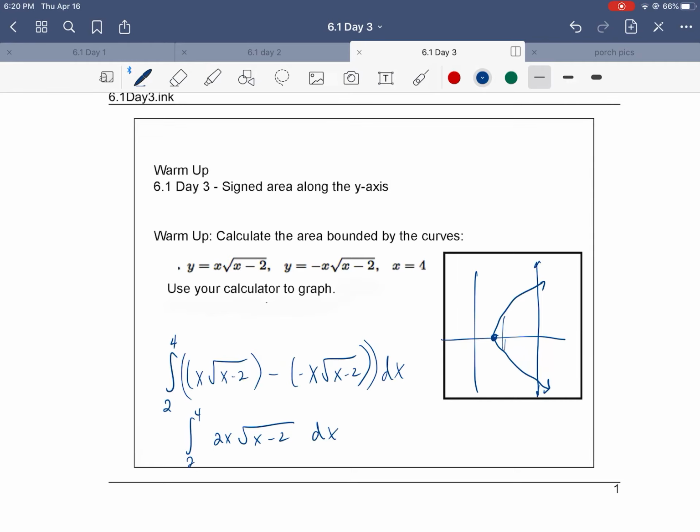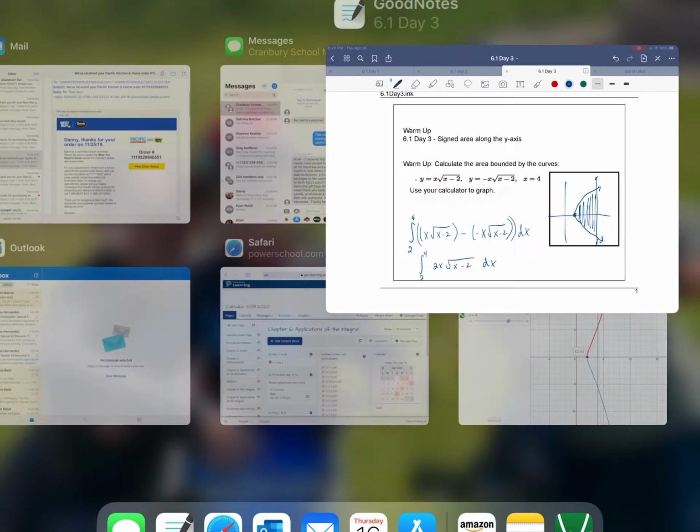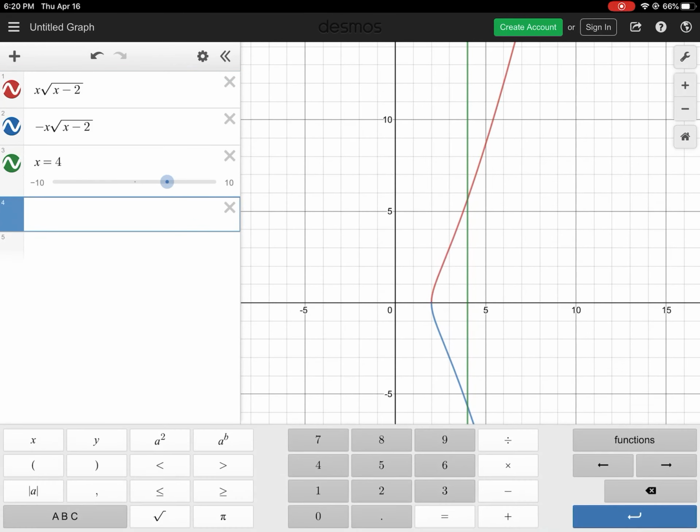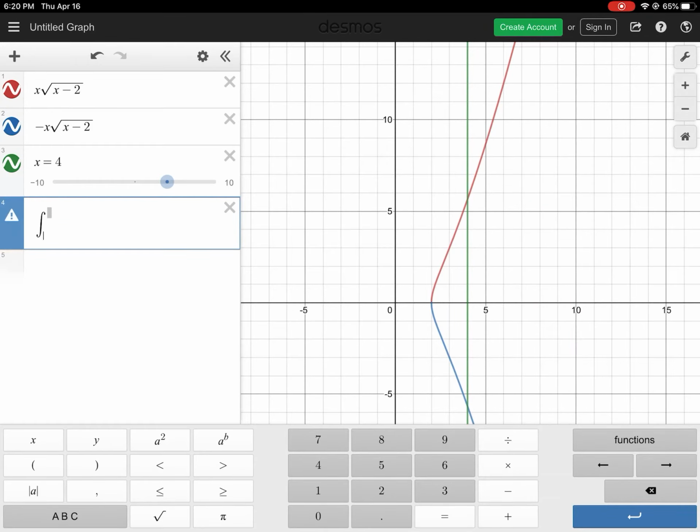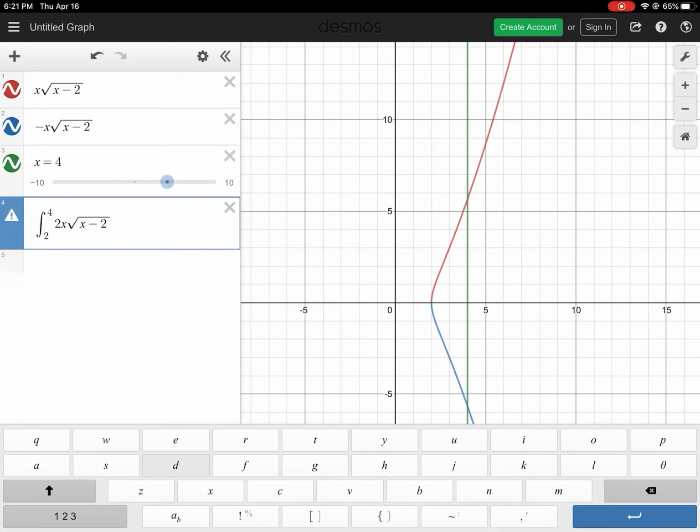This is essentially what we graphed, and that's the space where we are looking for. So remember functions, miscellaneous integral 2, 4, 2x square root x minus 2 dx.